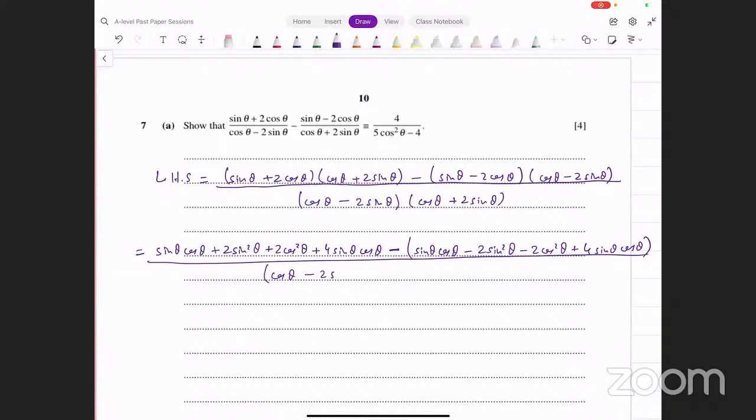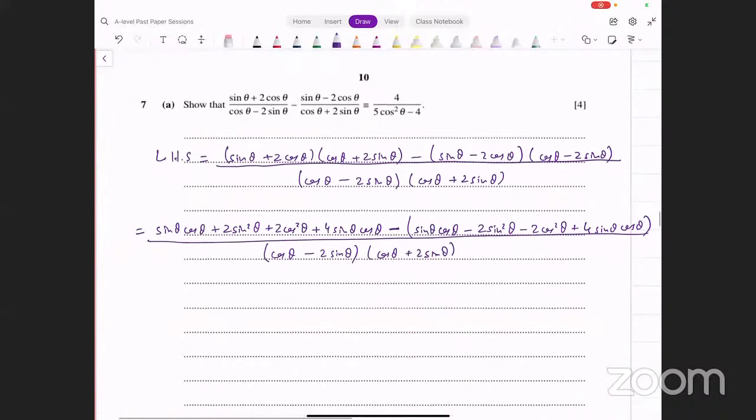We would like not to factorize it अगर end पे हो सकता है कोई हमारी cancellation हो रही हो, तो अभी इसको factorize नहीं, अभी इसको multiply नहीं करते, अभी इसको as it is रहने देते हैं. हो सकता है बाद में जाके कोई हमारी cancellation हो रही हो. ठीक है? So let's leave it like this and then we'll see at the end हम इसको multiply करना चाहिए नहीं करना चाहिए.